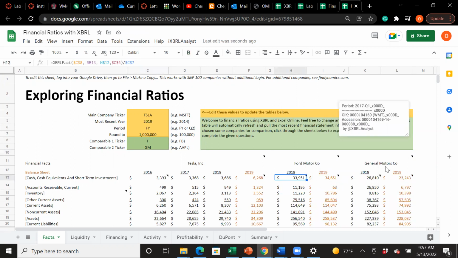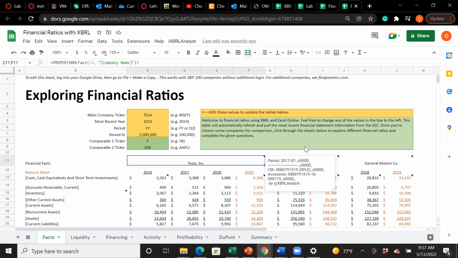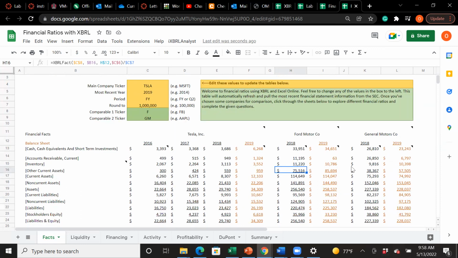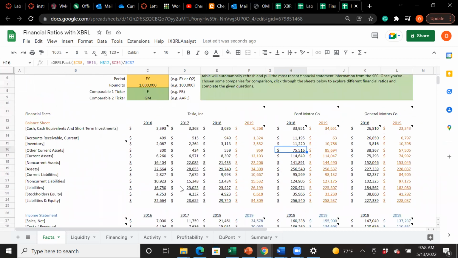Ford Motor. Okay, I just forgot how to speak for a second. Sorry. Ford Motor Company and then General Motors Company. And so we have the updated numbers here.